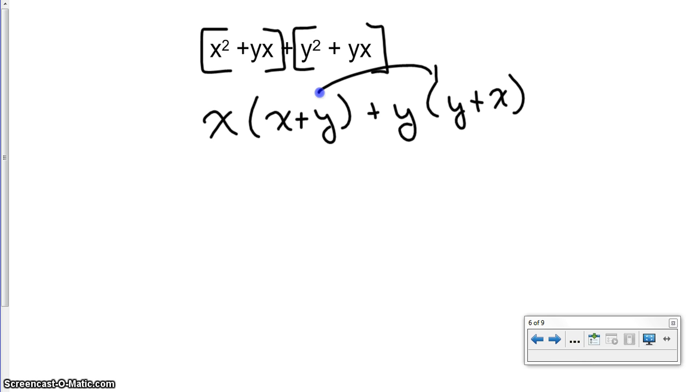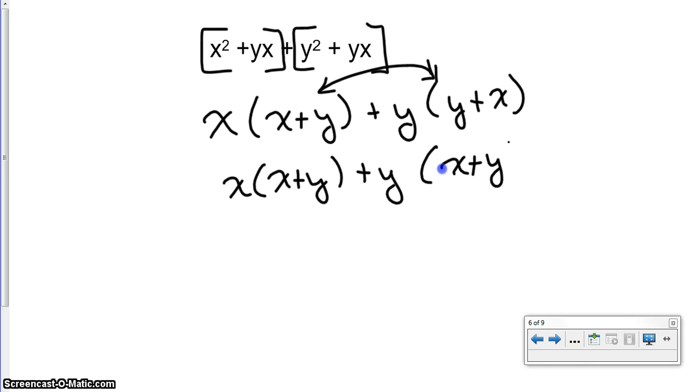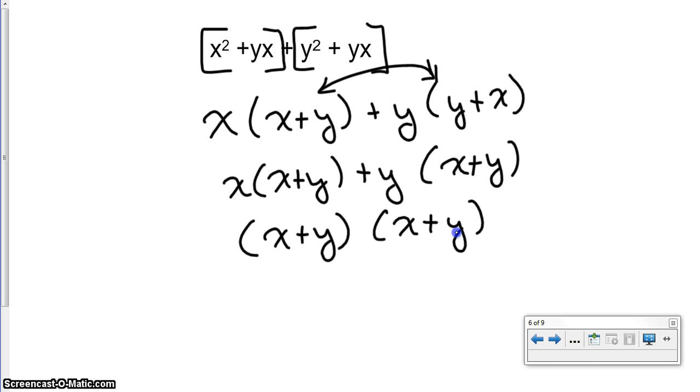Hey, aren't these the same thing? Oh, yeah, they are. And the reason why they're the same thing is because I know commutative property. So, x plus y times x plus y. Oh, silly Mrs. Rose. When I have a factor multiplied by itself, it is that factor raised to the power of 2.